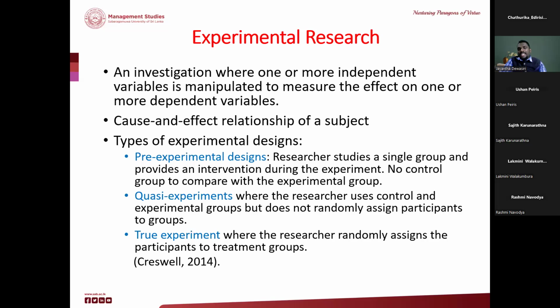The first is the pre-experimental design. In the pre-experimental design, researchers most of the time study a single group and provide some kind of intervention during the experiment. For example, you may remember that during the COVID-19 period, Vatupitivala Hospital tested a kind of medicine for COVID, the so-called Dhammikapaniya.